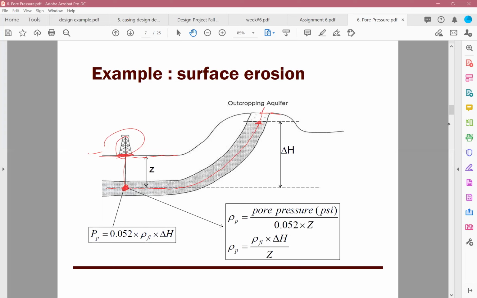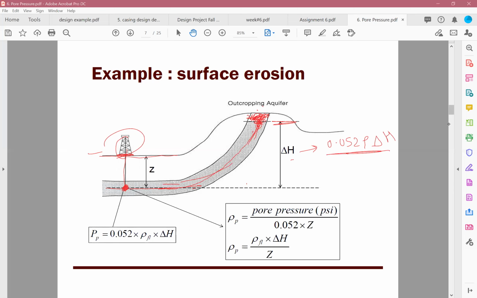So the actual formation pressure, let's say it's not connected. Yeah, it shouldn't be connected. Let's say here is sealed, right? Now, your actual hydrostatic pressure of that water at that depth is this one, 0.052 density delta H. And since all of this formation is connected together, the formation pressure is this one.